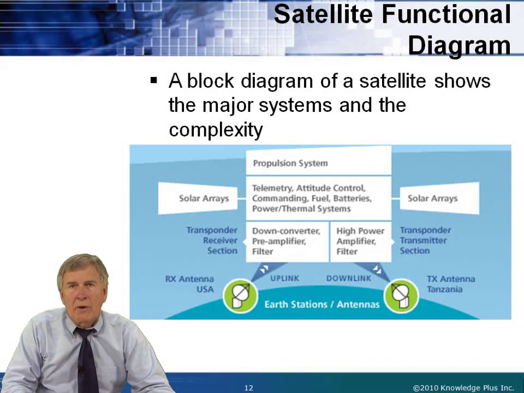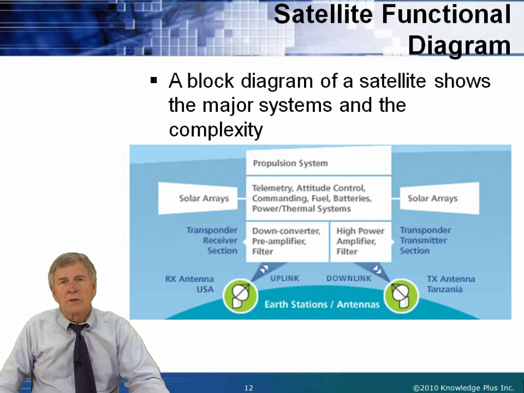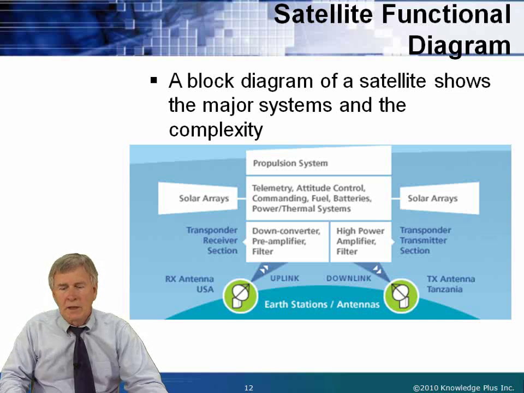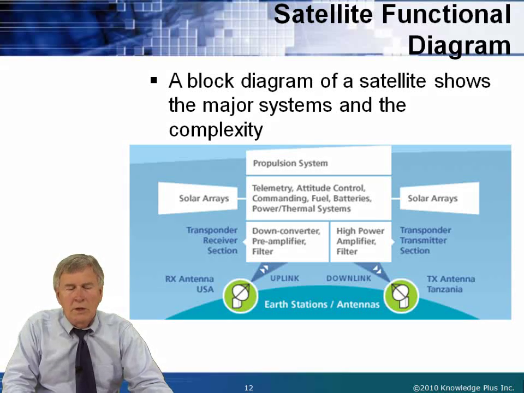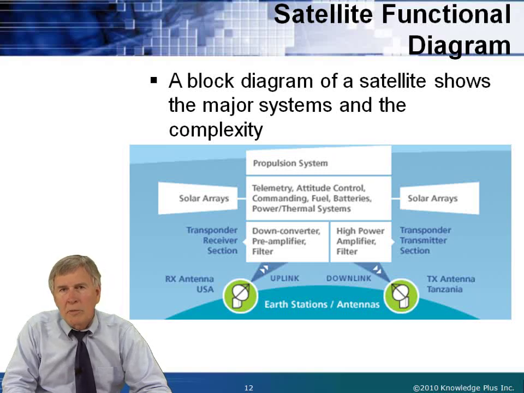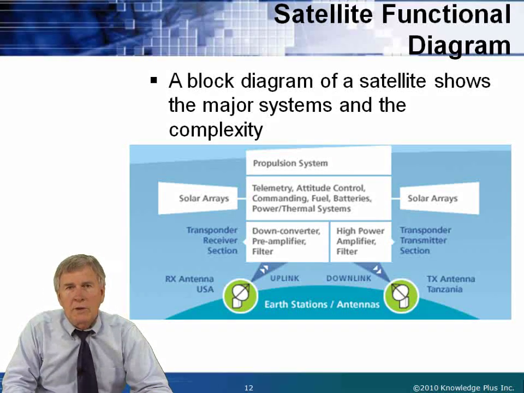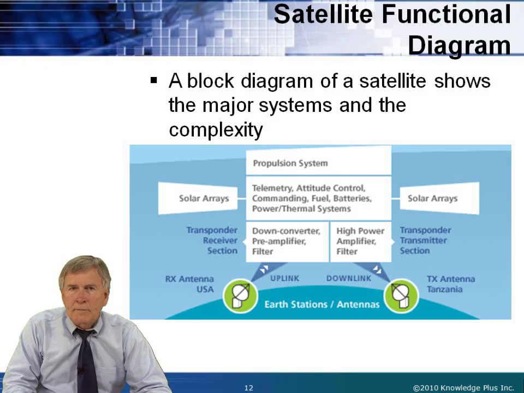So here's a block diagram of a satellite that gives you a feel for the complexity and hence the cost associated with a satellite. We have to have some type of propulsion system to ensure that the satellite stays within its required orbital position. We have to have some type of communications for ensuring that the vital systems on board the craft are functioning properly, namely telemetry for dealing with altitude and attitude control, fuel, battery monitoring, power monitoring, and thermal systems to ensure that there is sufficient cooling and protection.